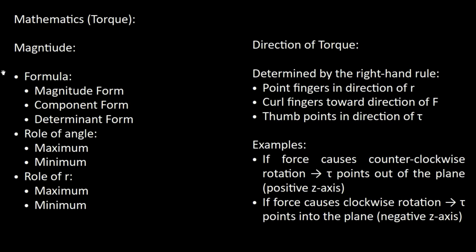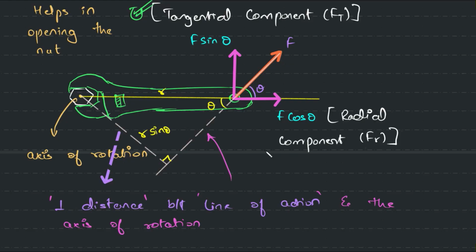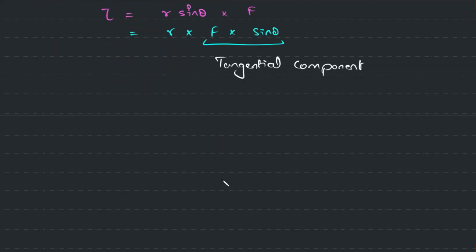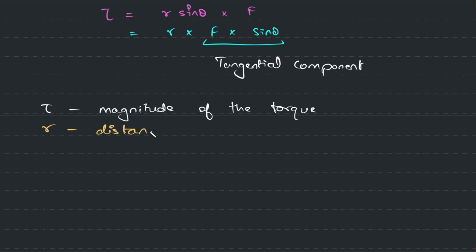Mathematically, as a formula, I just showed you guys. So this is your magnitude. Let me introduce it properly. Here tau is the magnitude of the torque. Then R is the distance. These are important.